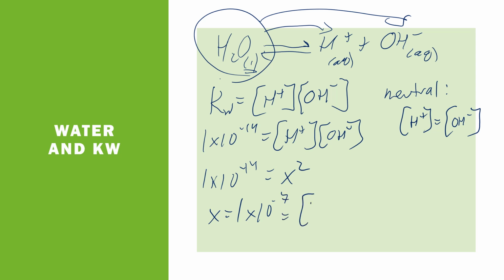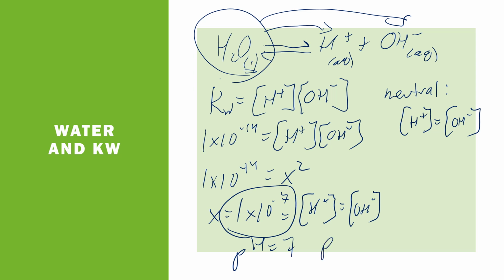And that's our hydrogen ion concentration and our hydroxide concentration. And if I take the negative log of this number, I get that the pH is 7. I also get that the pOH is 7. So when Kw is 10 to the negative 14, my pH and pOH are both 7, which makes sense because they're equal. All right. So that indicates a neutral solution.